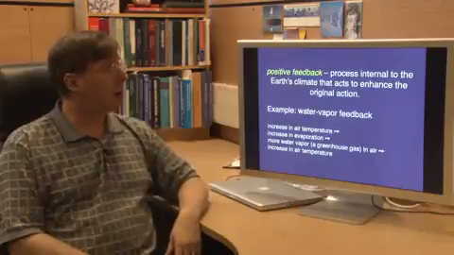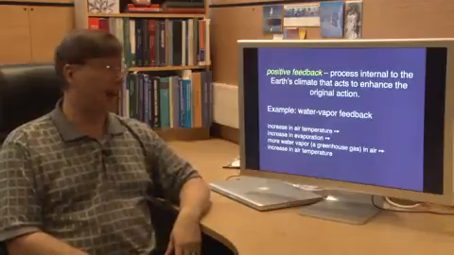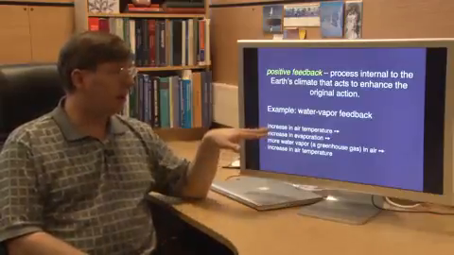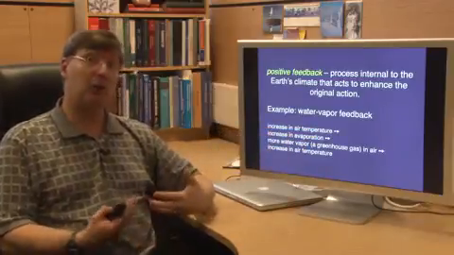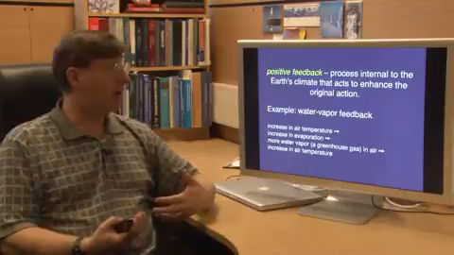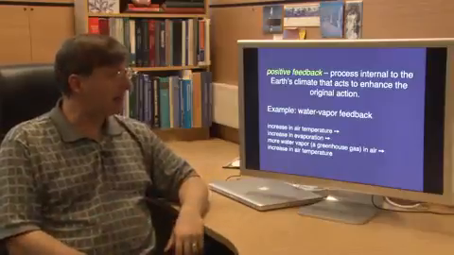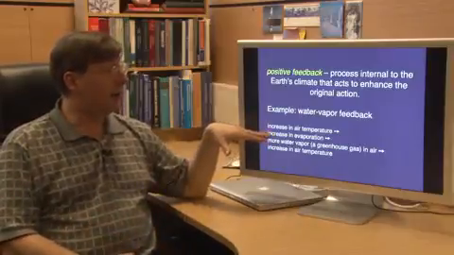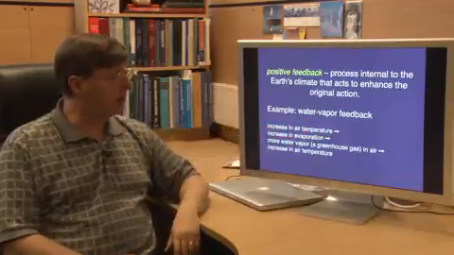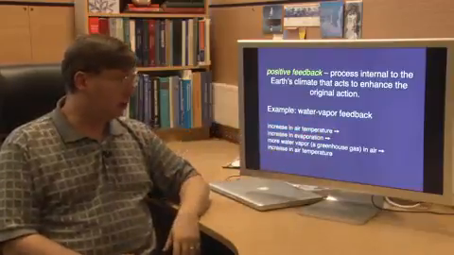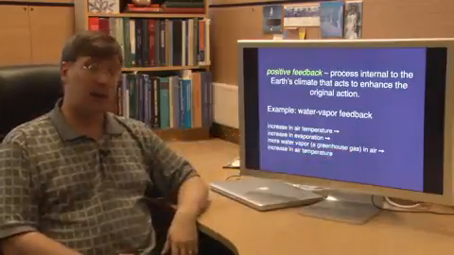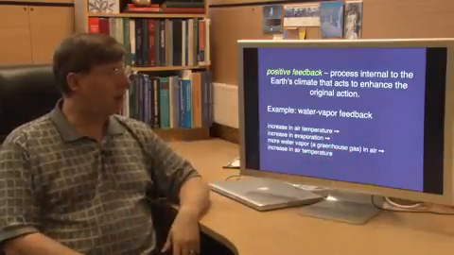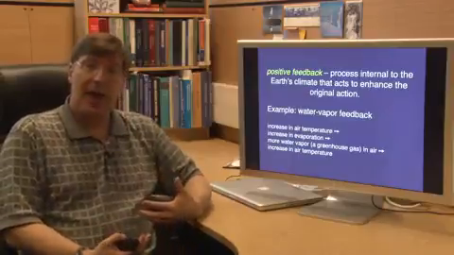Here's an example. We call it the water vapor feedback. The idea here is that if the Earth's air temperature increases, then the atmosphere has a greater capacity to incorporate water vapor into it. This will lead to an increase in evaporation, putting more water vapor in the air. And as we'll see, water vapor is a greenhouse gas.